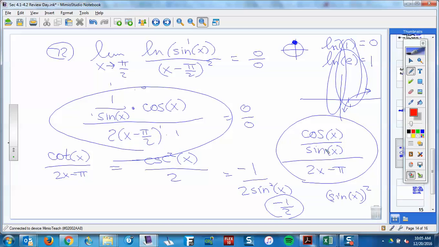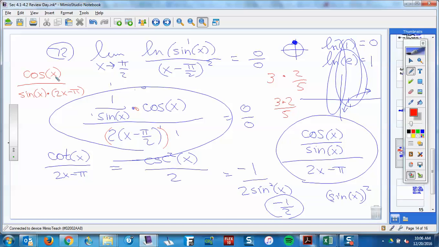But if we group this as one thing, and we have this times this, like if I have 3 times 2/5, I can just make that 3 times 2, and put that 5 under everything. Not if that was a plus, I couldn't do that, but when it's times, I can do that, right? Same thing when I have a fraction up in here. I could actually write that as cosine x, and then my bottom could have been sine x times the 2x minus pi, like that, is what you're saying. Yes, I could have written it that way, absolutely.